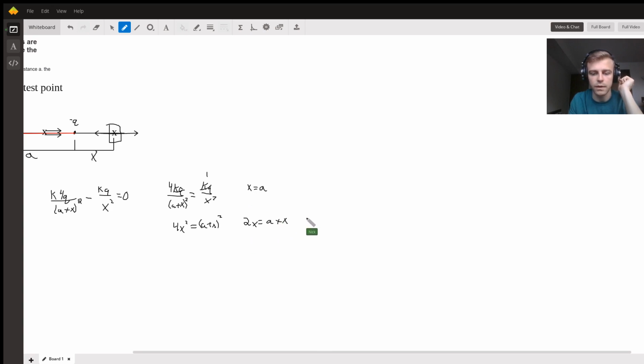Now let's assume negative 2X equals A plus X. So we say that the right side is positive and the left side is negative.